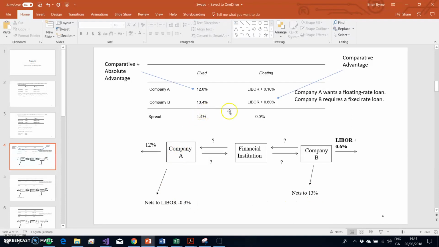And A wants to borrow floating, but we make A borrow fixed, so we have to engineer a swap so that A's position should be LIBOR plus that 0.1 with the benefit of 0.4. So we take 0.4 away from 0.1, we get negative 0.3, and overall LIBOR minus 0.3.